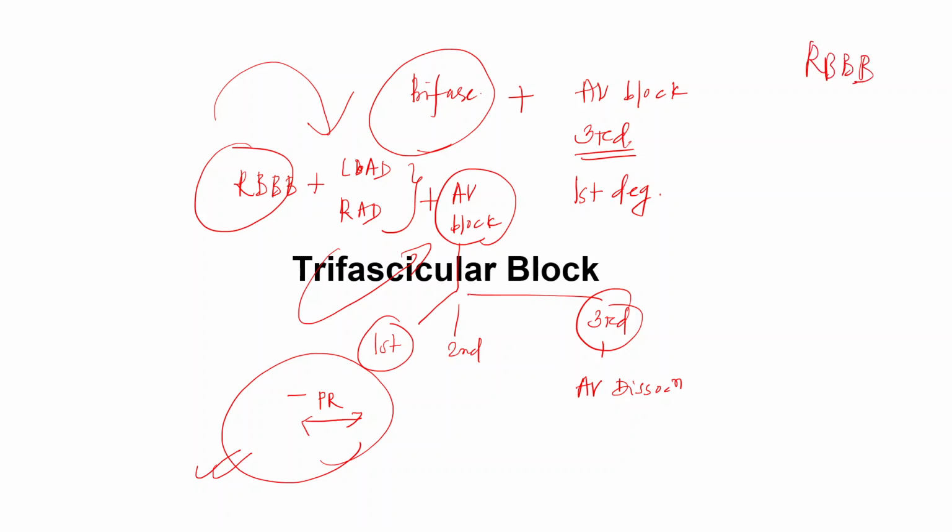The next step is look at the axis. And if you are getting any axis deviation, the next step is you have to look for AV block. That means you look at the PR interval. This you have to remember.